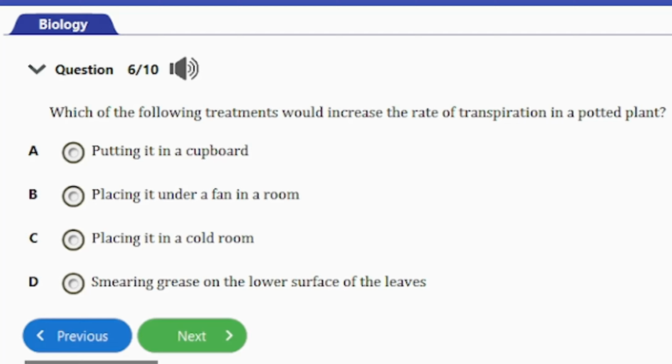The answer to this question is option B, placing it under a fan in a room. The reason is that strong wind is one of the factors that affects the rate of transpiration in plants. The stronger the wind is, the higher the rate of transpiration, and vice versa. So that's it for that question.